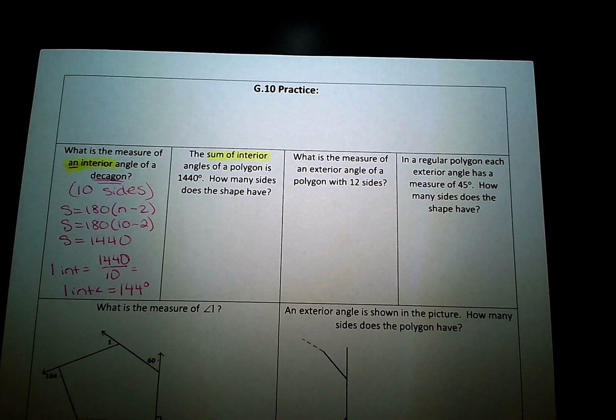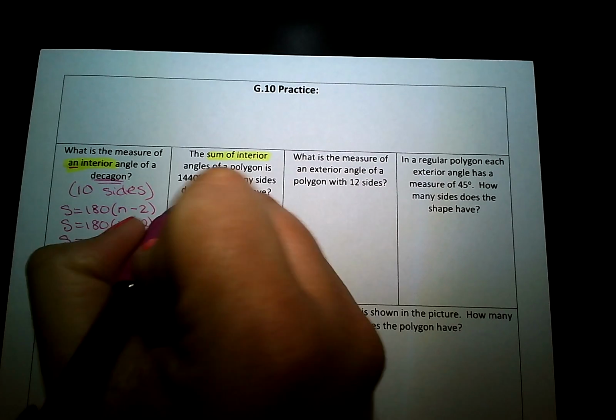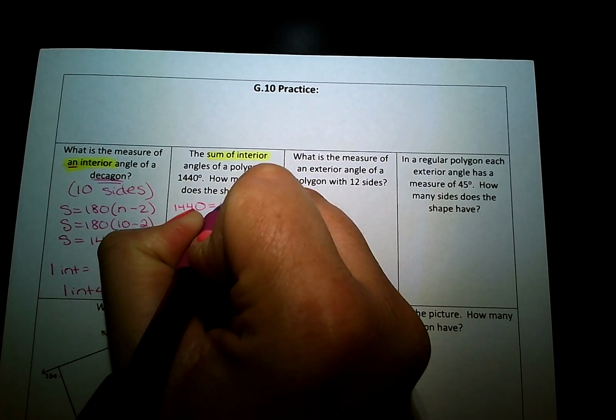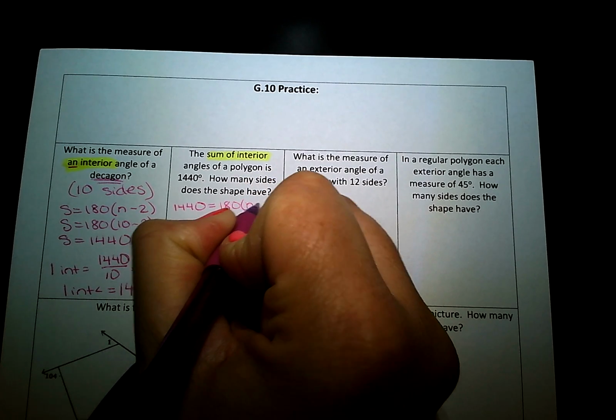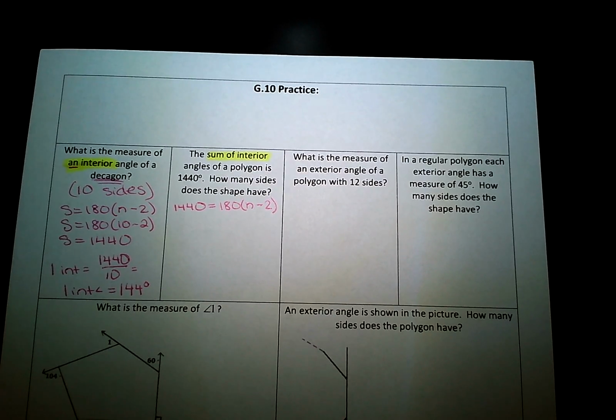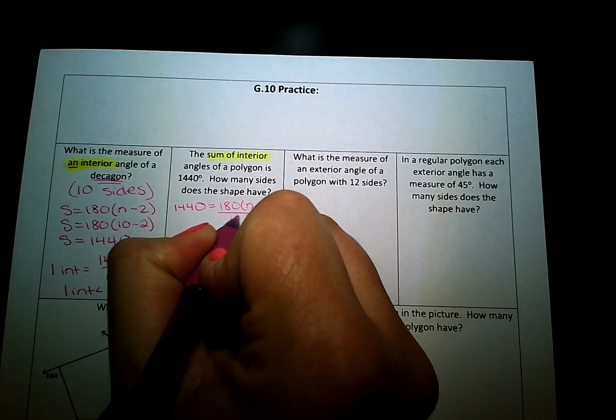How many sides does the shape have? So that would be 1,440 degrees is equal to 180 degrees times the number of sides minus 2. Well, I'm going to take the approach to get rid of the 180 first, so I'm going to divide it away.